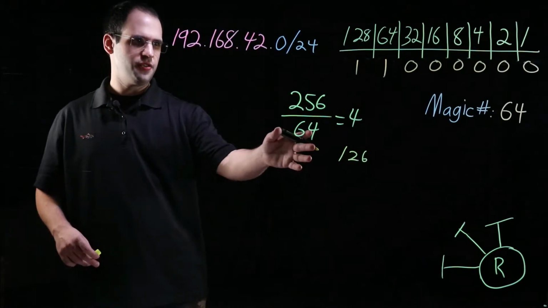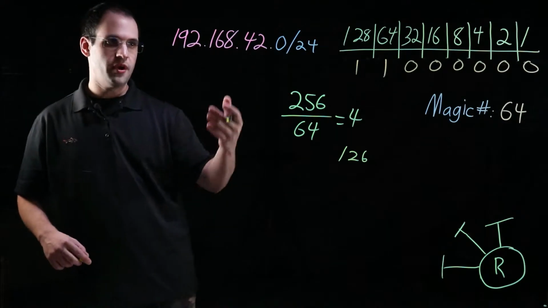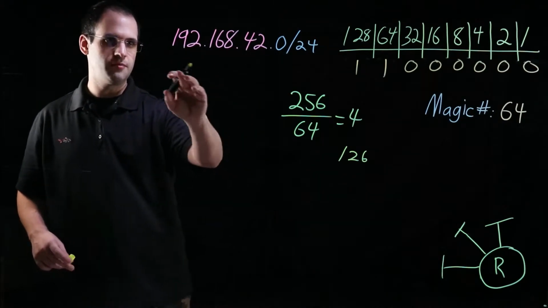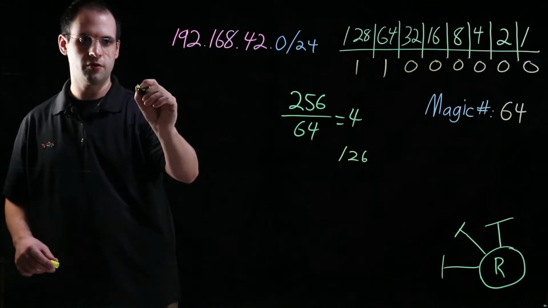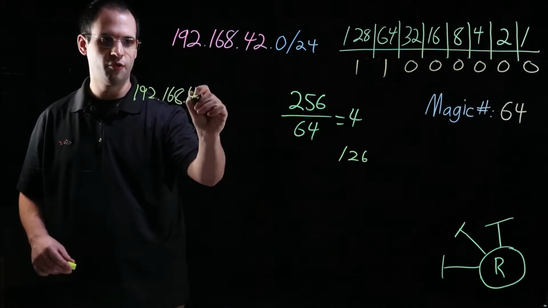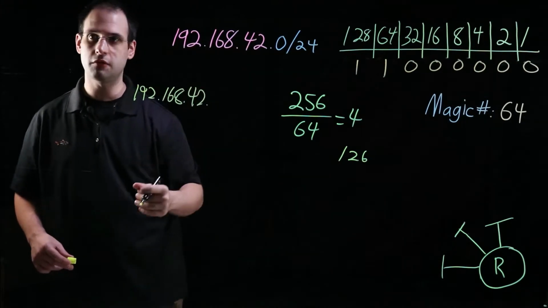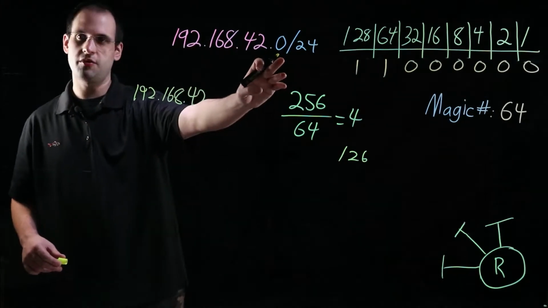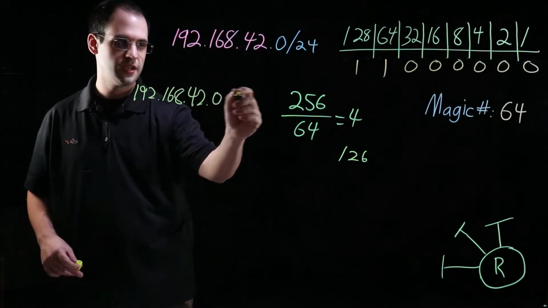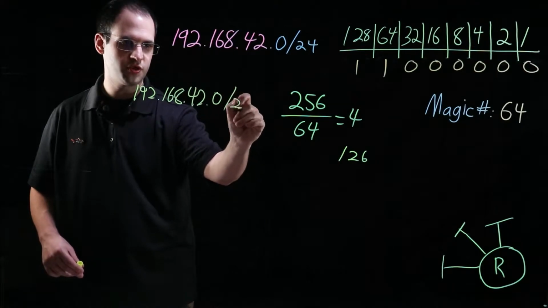Based on these values, we can figure out where each and every network begins and ends, right? We know that each of these is going to be 192.168.42 something. In this case, we're starting with a value of 0. So my first network is going to start at 0, and it's going to be a /26.